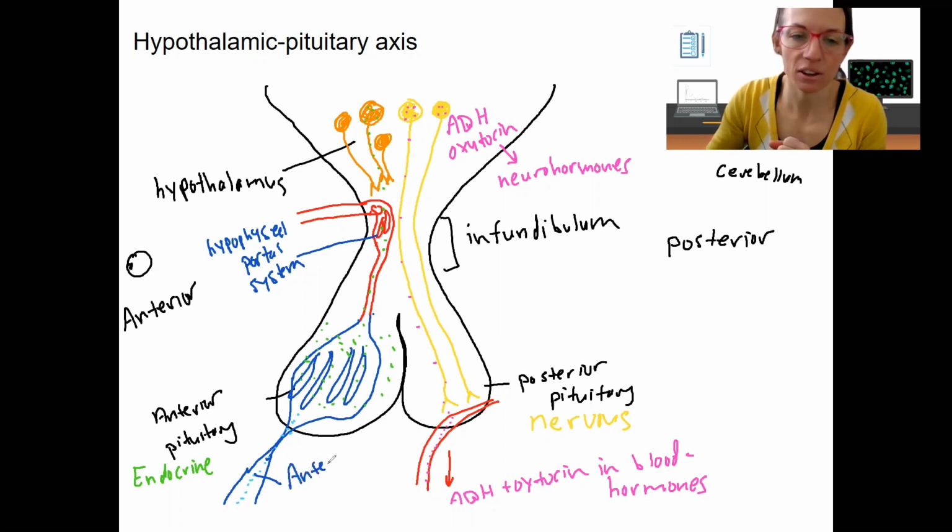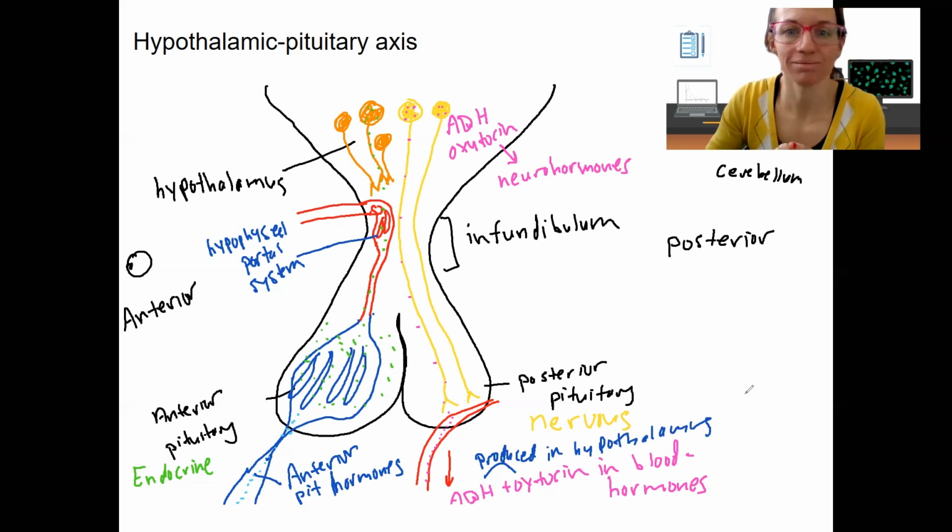So these are anterior pituitary hormones, versus oxytocin and vasopressin, which were produced in the hypothalamus. Got it? It's a nice picture.